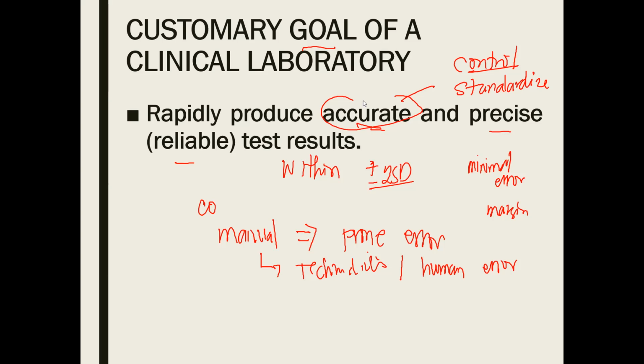There is no systematic error, there is no random error, and there should be no violation in the Levey-Jennings chart. Remember guys, our control values should fall between positive and negative 2SD only, so that we can say that our test results are accurate and precise.